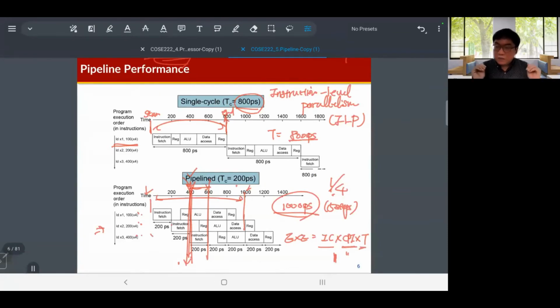The same theory can be applied to different processor architectures. Just remember that with instruction level parallelism, we can improve the performance. If we increase the number of instructions executed in a processor, then we can improve the performance.